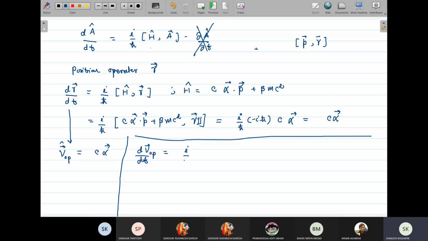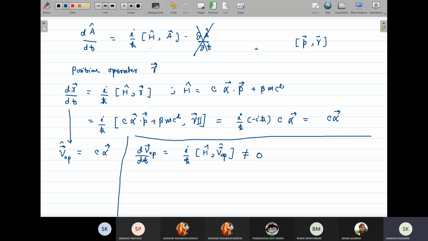That will be i by h cross, the commutator of H with the v operator. This is not equal to 0. You can follow the same procedure and calculate the commutation of H with the v operator. The v operator is c alpha, and that is not equal to 0. So there is no such meaning that can be given to this v operator. It's just an aside.